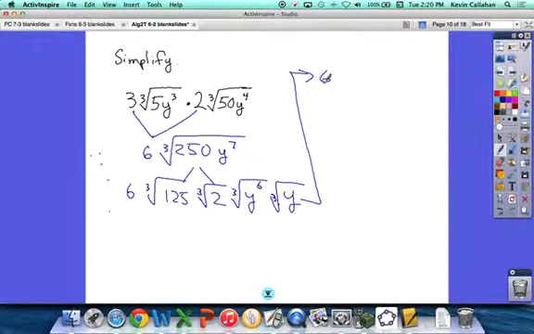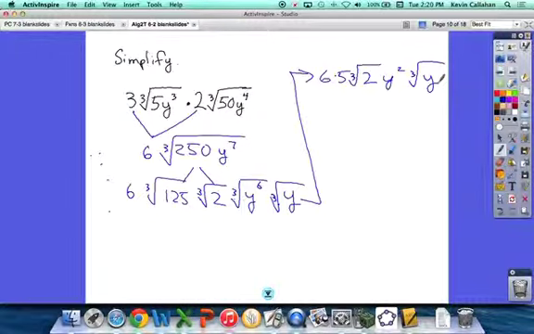Six times the third root of 125, 5, times the third root of 2, times the third root of y to the 6th, y squared, times the third root of y. Can't simplify.